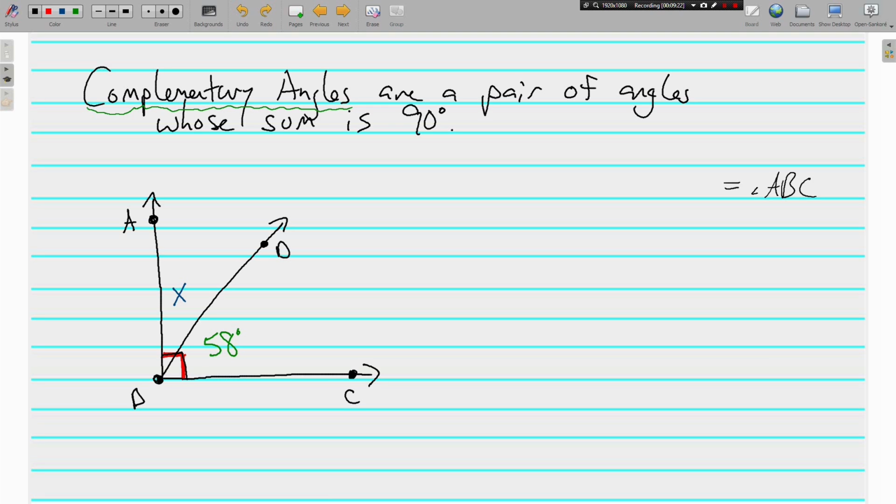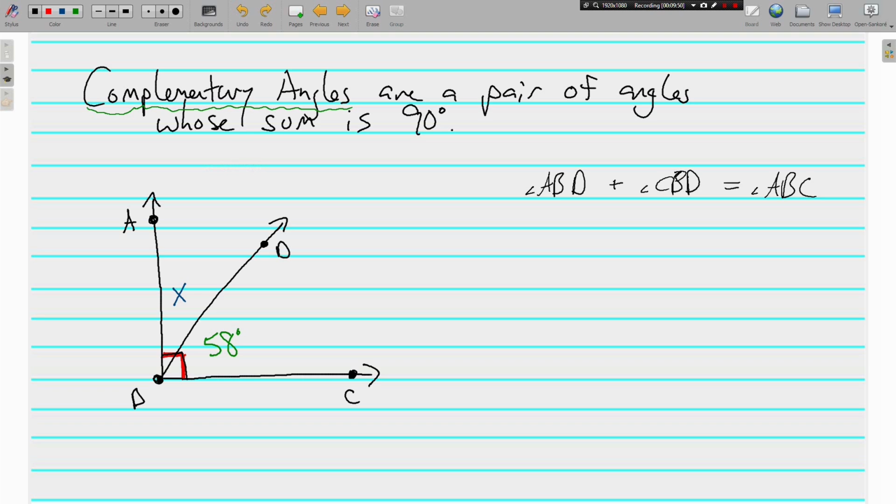We've got angle ABD and angle CBD. You see that? ABD and CBD are making up ABC.